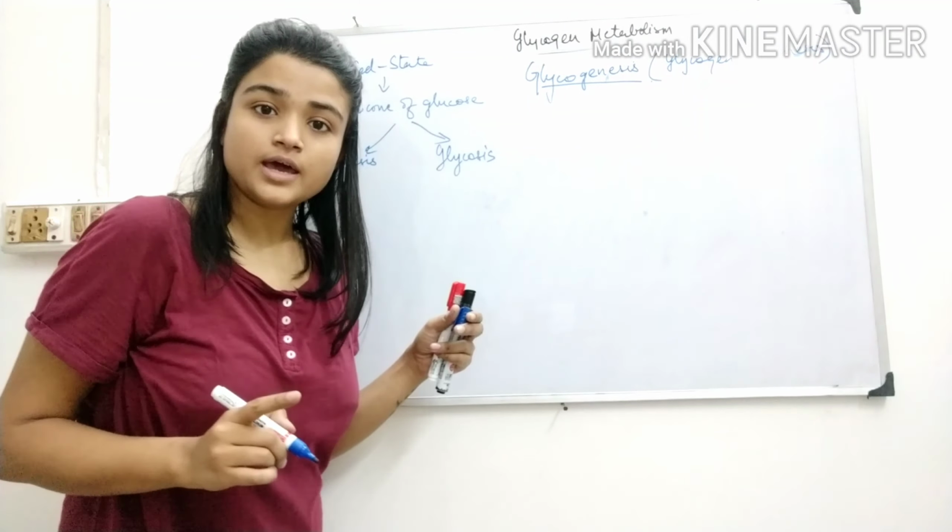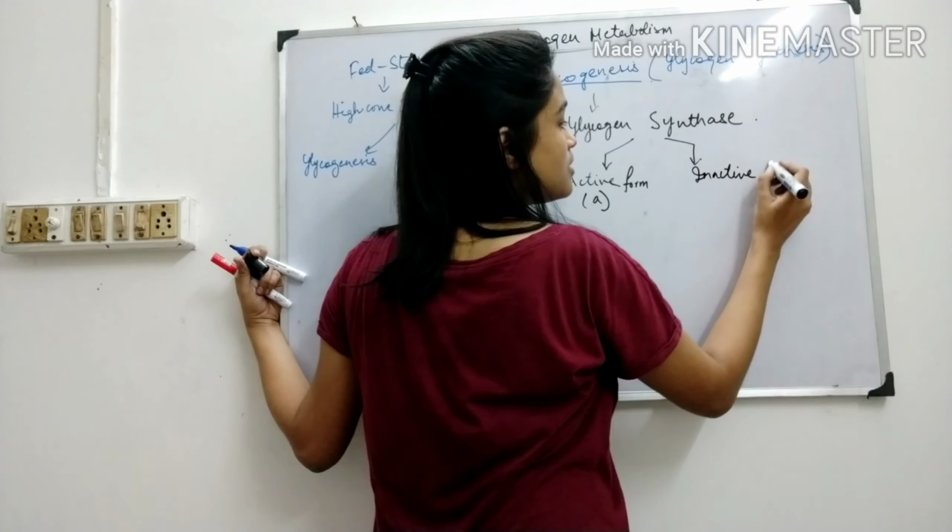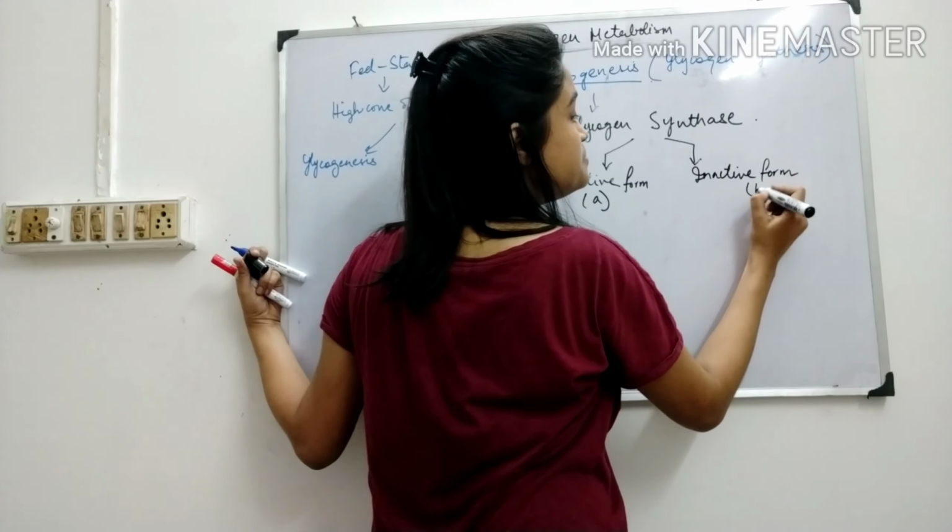Okay? Now, the enzyme that is regulating this glycogenesis is glycogen synthase. This glycogen synthase has two forms. It has an active form, which we call the A form, and an inactive form, that is the B form.